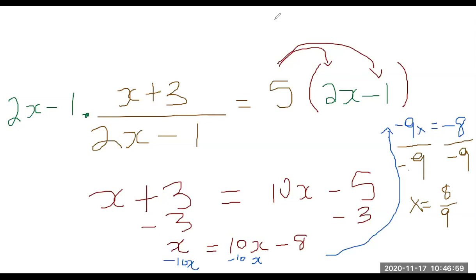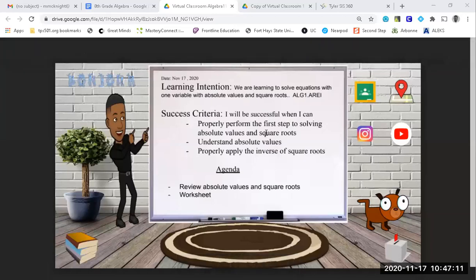But ideally, we want to focus on, let me stop sharing and pull back up the success criteria. Right here. Ideally we want to focus on how to properly perform the right first step. We didn't necessarily get to absolute values today, but we'll pick up on that on Thursday.